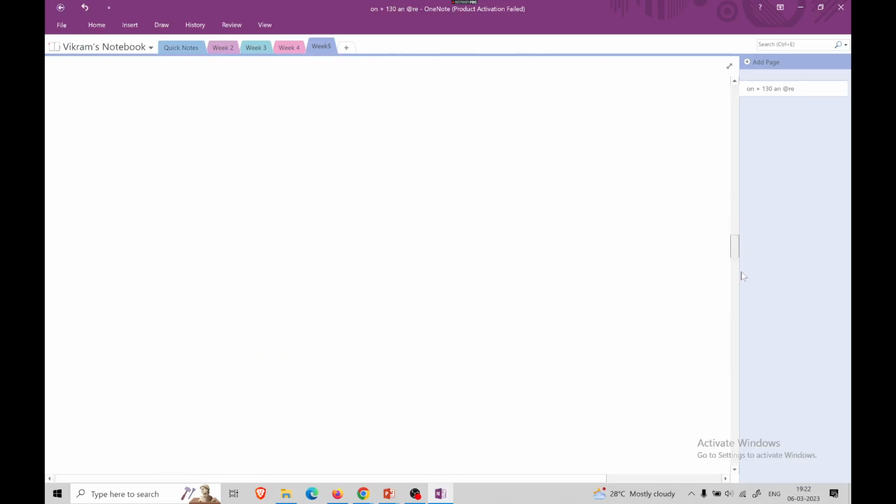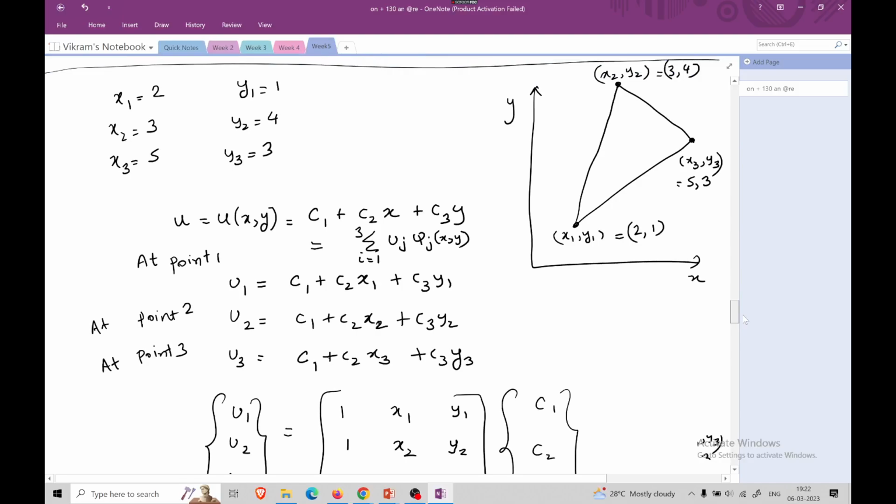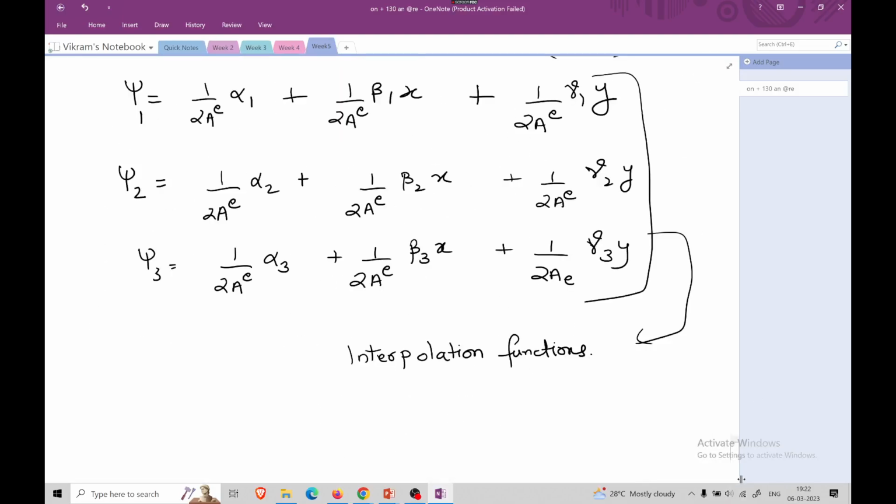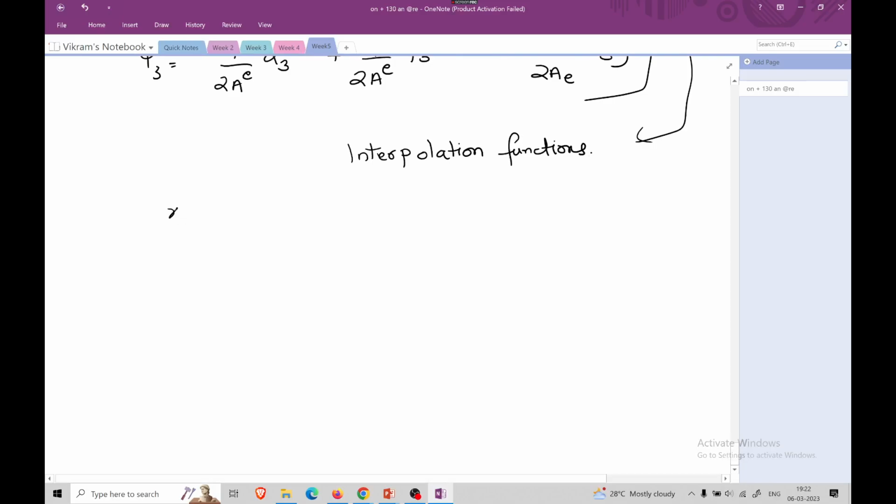Our x1, x2, x3 was 2, 3, 5 and y1, y2, y3 was 1, 4, 3. So x1 is equal to 2. First we have to calculate alphas, alpha, beta and gamma. So what is alpha 1?